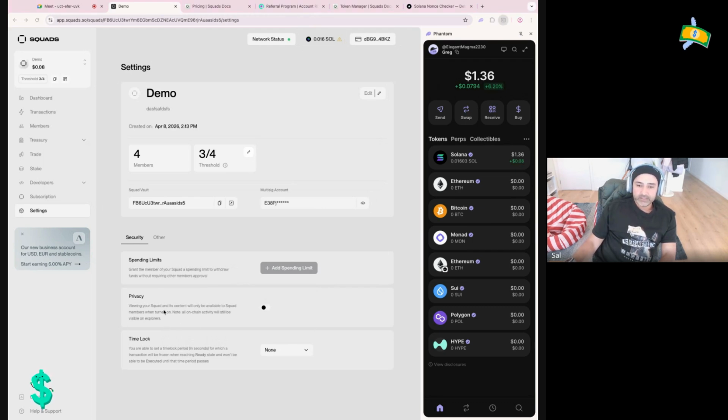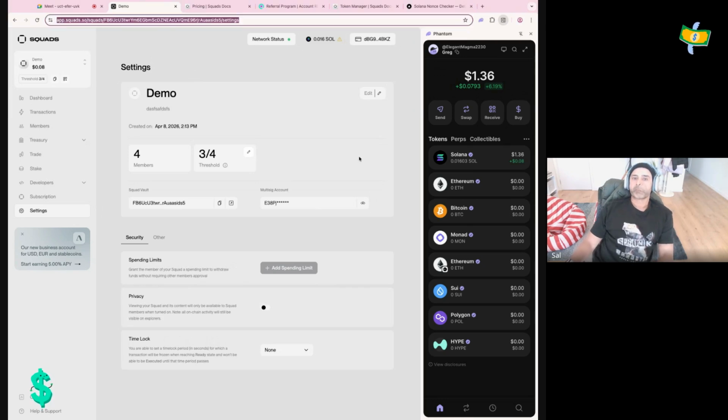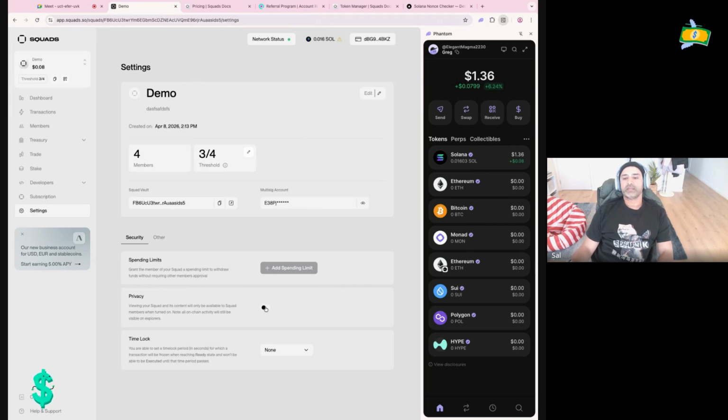Another feature in here is privacy. If I give you this link, you guys will actually be able to go look at my squad, on chain and via a user interface. But what you can do is enable privacy mode, which means that you can't access it anymore in the user interface.